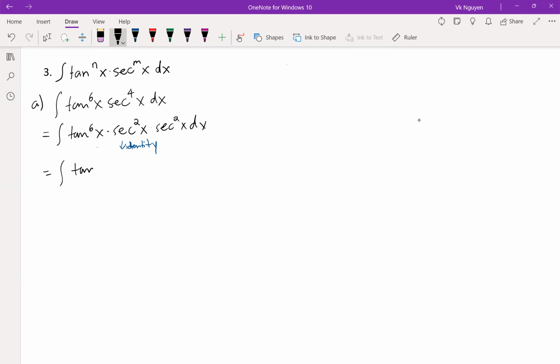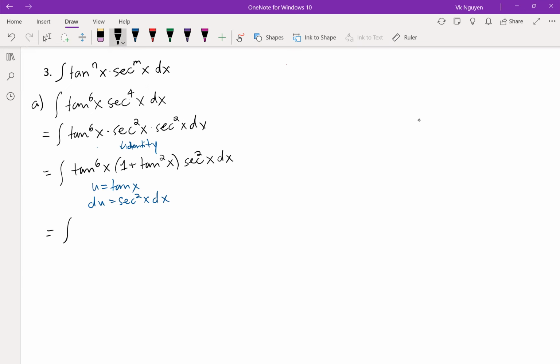Integral tangent to the 6x, secant square x is 1 plus tangent square x, secant square x dx. Now it is very clear what u is supposed to be. u is tangent x, du is secant square x dx.